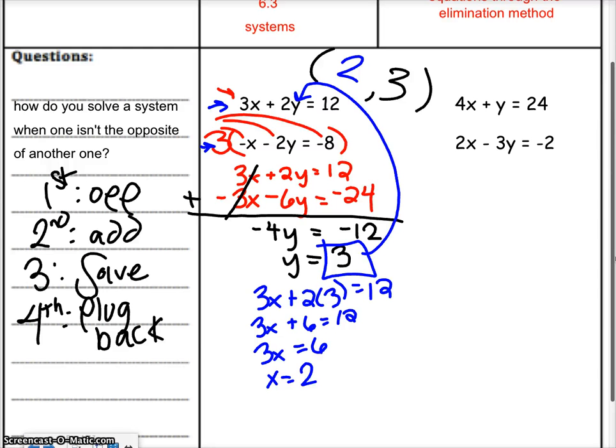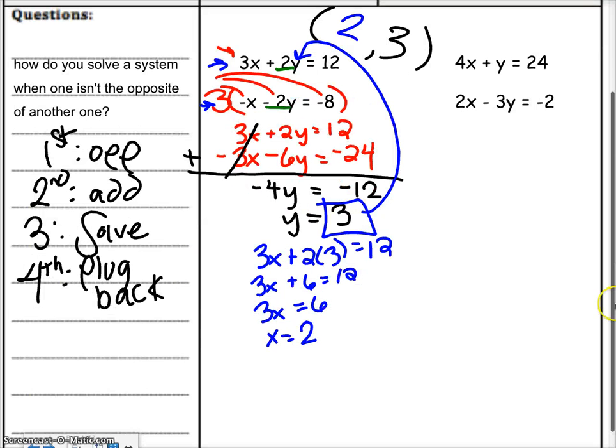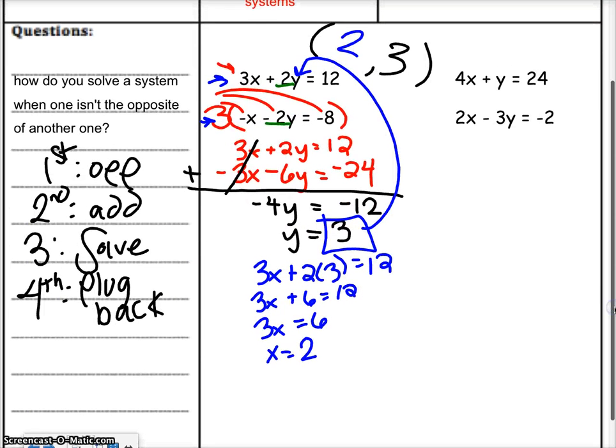Okay, one sec. All right, looking at this next example, I'm just glancing through to see if they're opposite coefficients. 4 is not the opposite of 2. 1 is not the opposite of that negative 3. So I have to change something. What do you want to change?